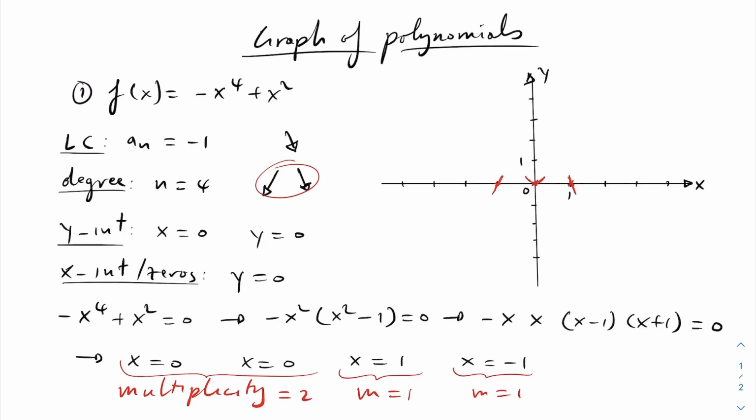Once you have the zeros down and the behavior close to the zero drawn, keeping in mind the end behaviors, you can connect all these points so that you can get the graph of your polynomial. As you can see here, the maximum number of turning points is, in fact, 4 minus 1, which is 3. You can see clearly here that we have 1, 2, 3 turning points, and you will be done.